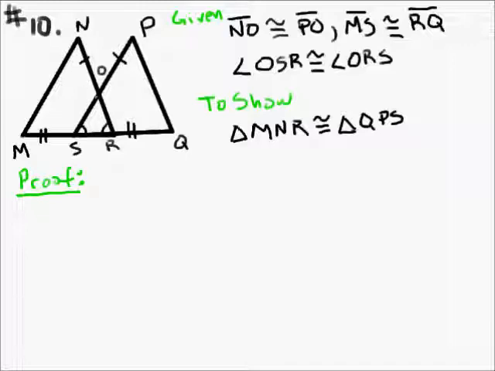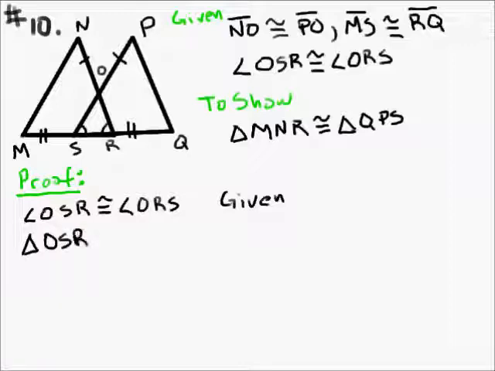And take a look here. These two angles are congruent. So angle OSR is congruent to angle ORS. We were given that. Well, this means that triangle OSR is isosceles.